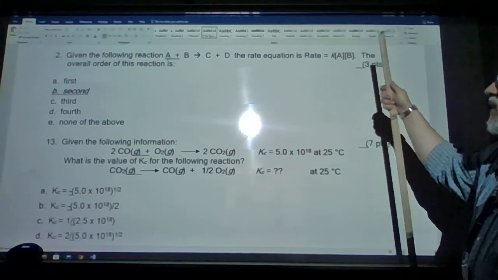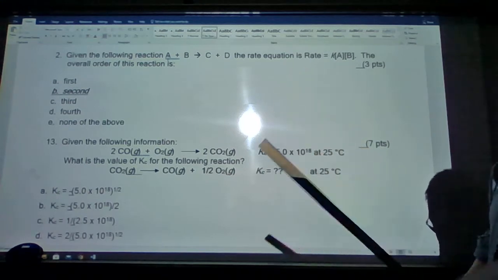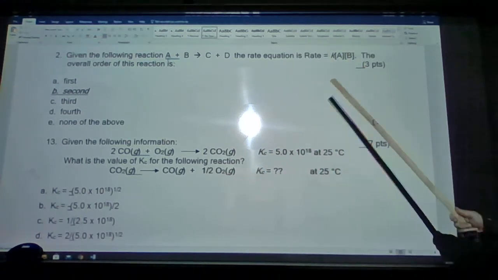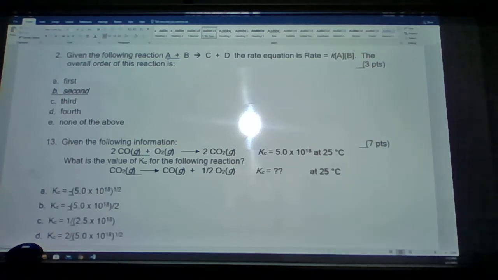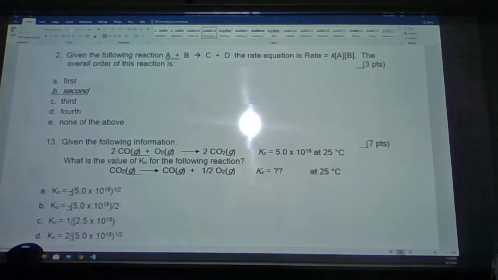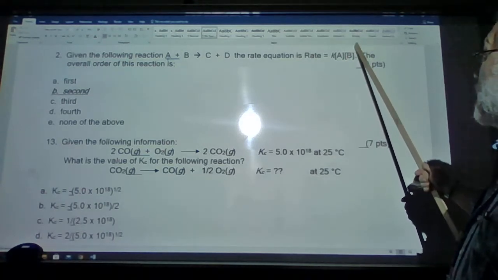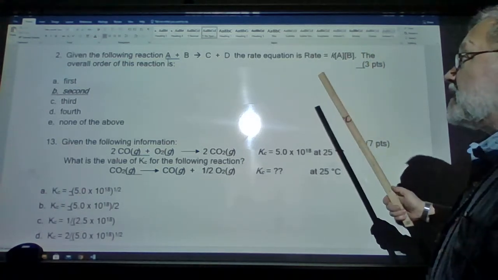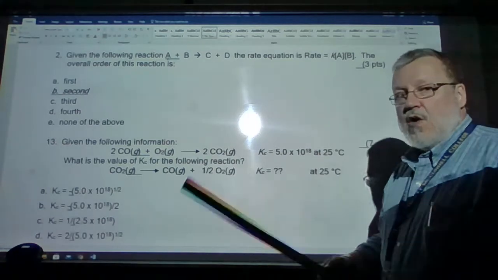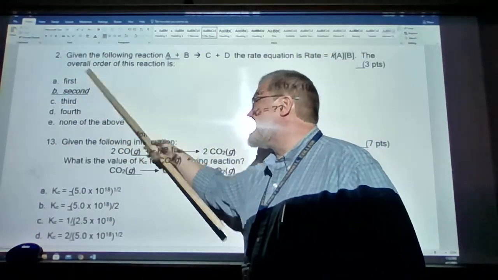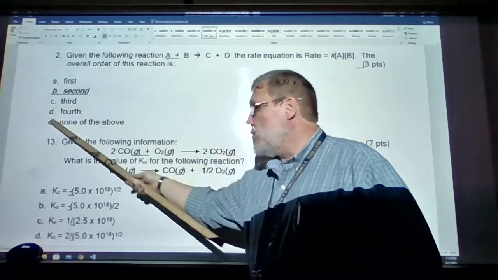No number here, we assume that the rate exponent here is 1. Since the exponent for A is 1 and the exponent for B is 1, the overall order of the reaction is the value for the exponent of A plus the value for the exponent of B. Since they're both 1, 1 and 1 is 2, so the overall order of this reaction is second order.